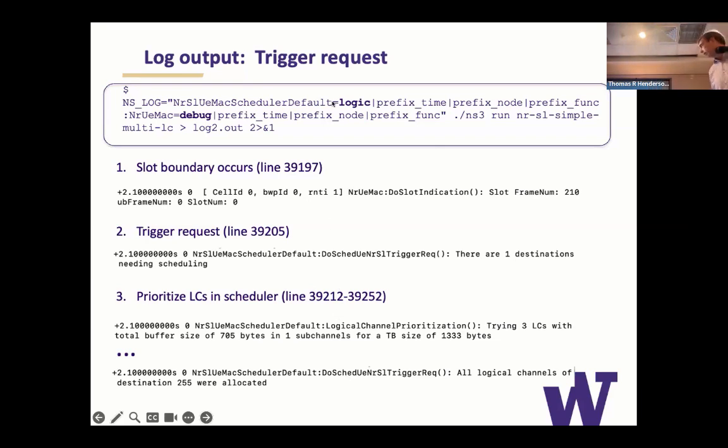Then if you look through the log, you can see all the operations pertaining to scheduling that. And finally, at the very end, it says all logical channels of destination 255 were allocated in this example. These were all allocated together because by default in this program, all of these flows have the same characteristics.